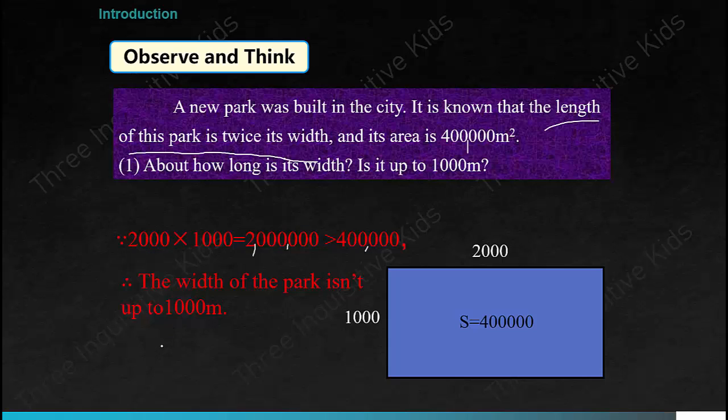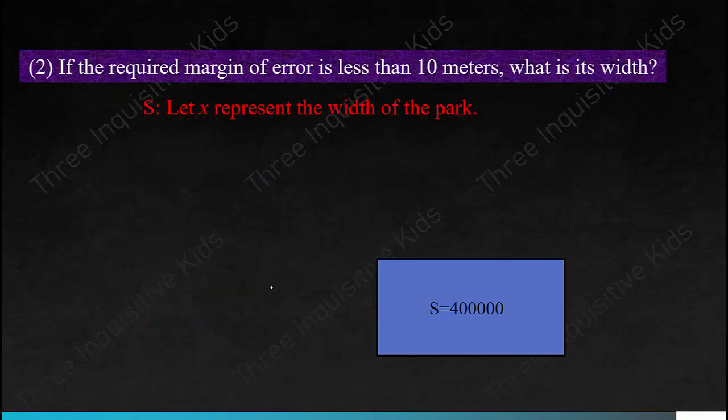So the width of the park isn't up to 1,000 meters. Let's just pretend that it is 1,000 meters and see if it applies. In this case, it does not, so the answer is no. The width of the park isn't up to 1,000 meters.